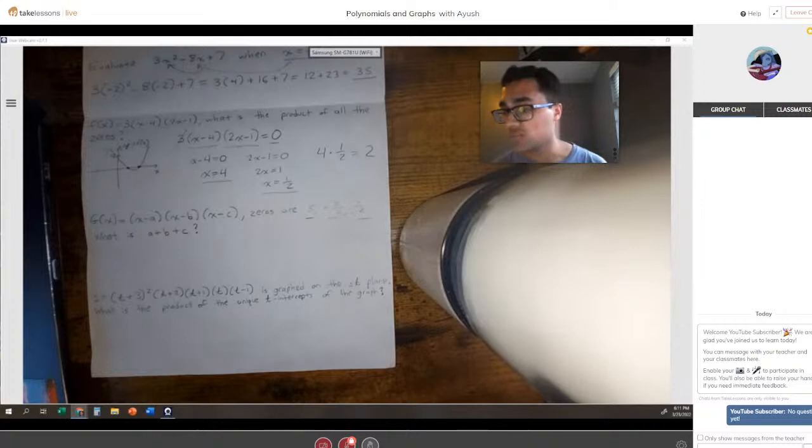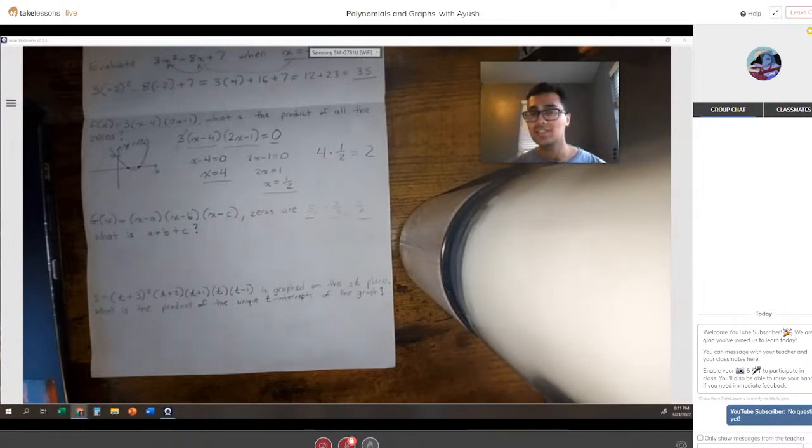So this is a different type of question. In this case, we kind of have to figure out how these zeros tell us information about this particular function g of x. How are they going to tell us what the values of a, b, and c are?